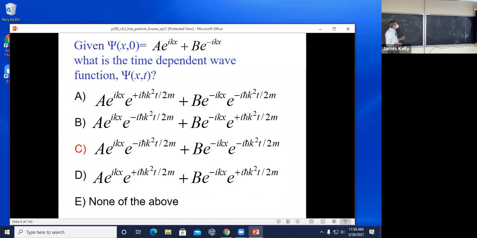They both have the same energy. So therefore, all I do is multiply each one of them by the corresponding e to the minus i E t over h bar, which simplifies down to, so it doesn't really simplify a lot. It looks kind of complicated, but that's what it comes out to when I put in E as a function of k.